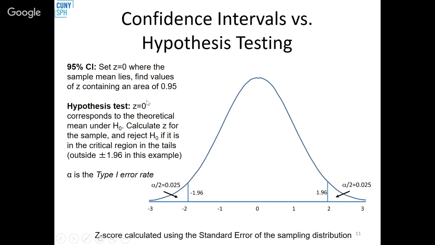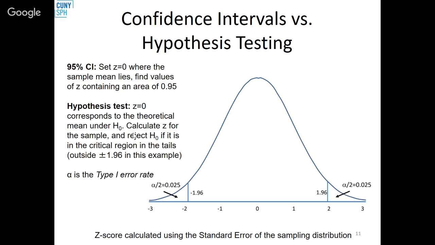Now, in the hypothesis test, we need to have a null hypothesis. And in the one sample test, it would be like some hypothesized value for the population mean.